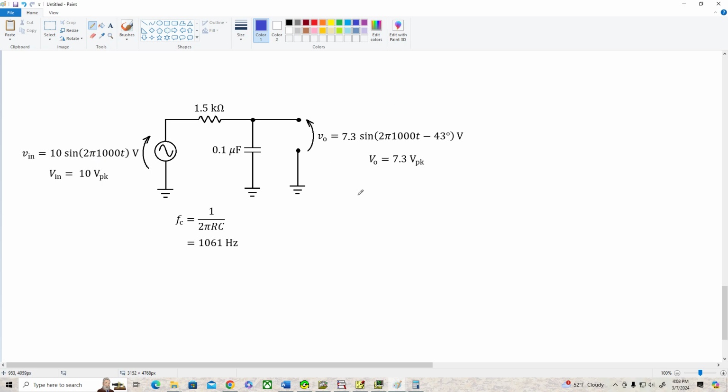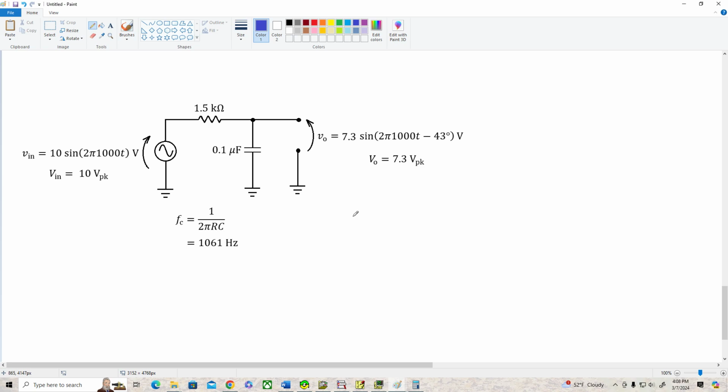And that produced an output of 7.3 volts, lagging by 43 degrees. Now when we're determining the response of this filter in decibels, we don't care about all this instantaneous trigonometric stuff. All we really care about is the peak or RMS values, if you prefer.